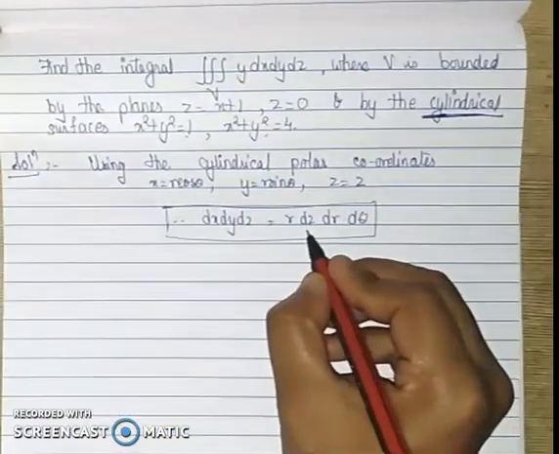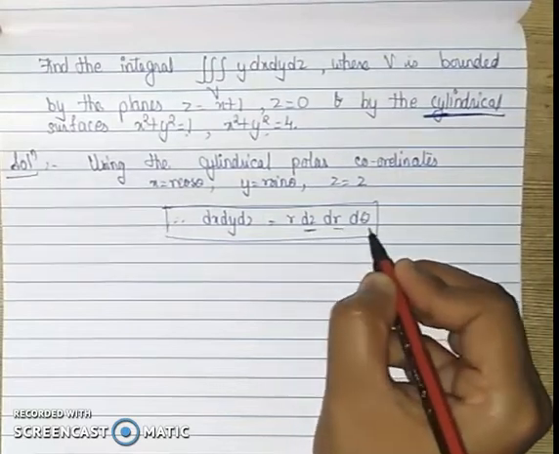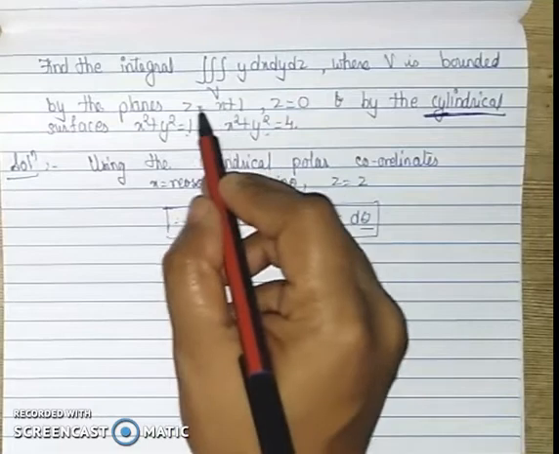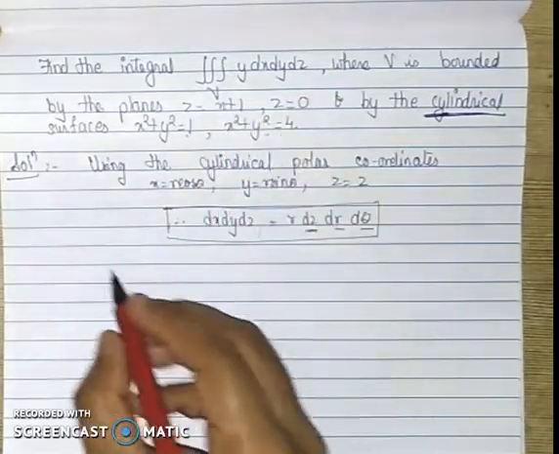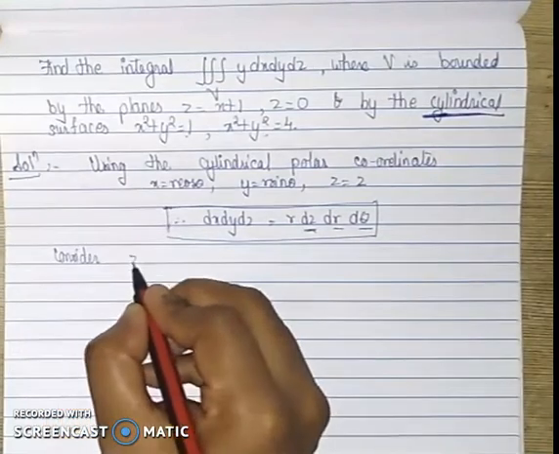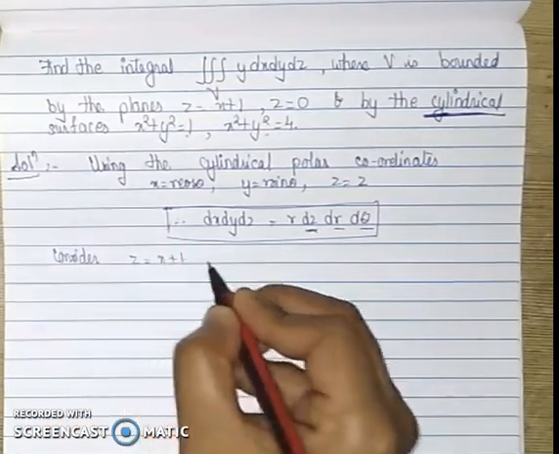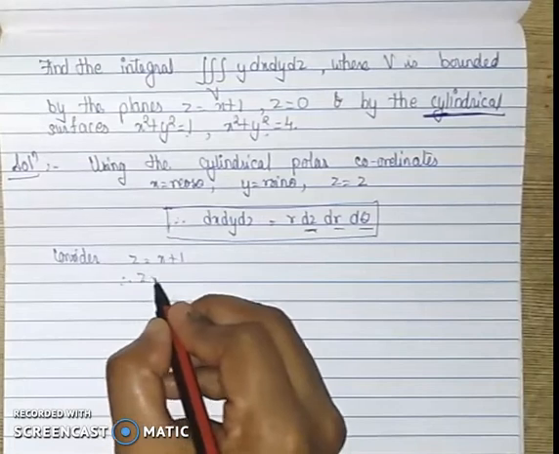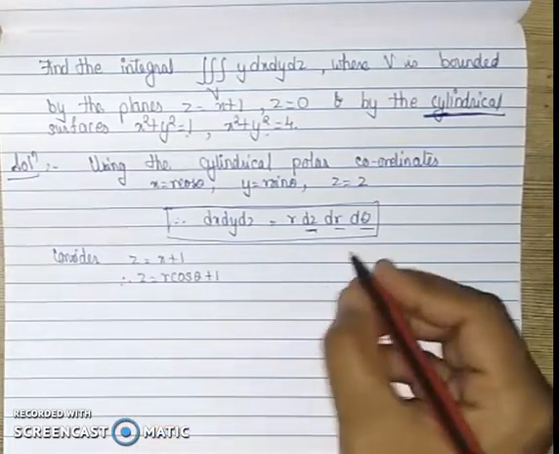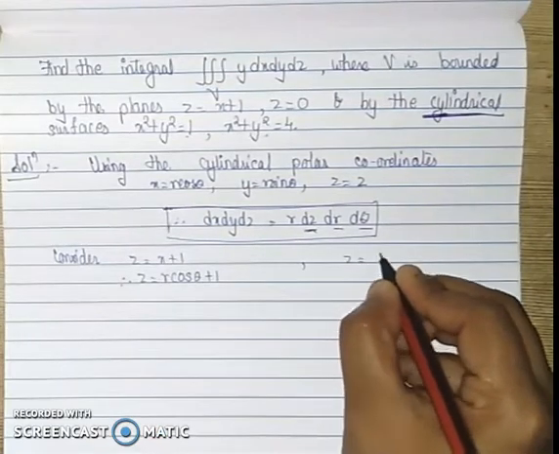Now, to get the limits of z, I'll repeat, we'll make use of the equations which contain z exclusively. There are 2 such equations. One is z equal to x plus 1, which turns out to be z equal to r cos theta plus 1 in polar coordinates. And the other is z equal to 0.